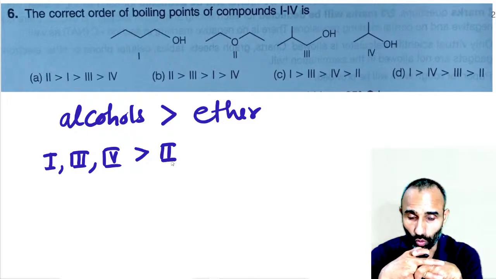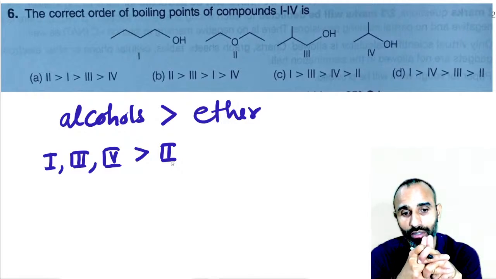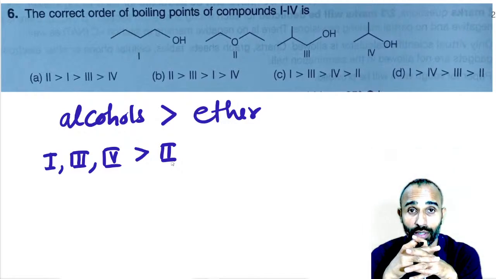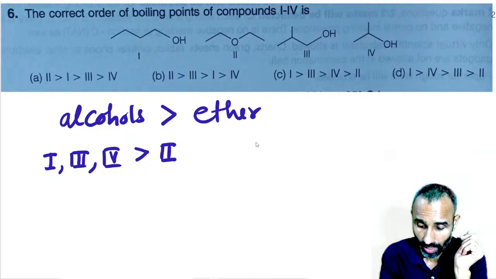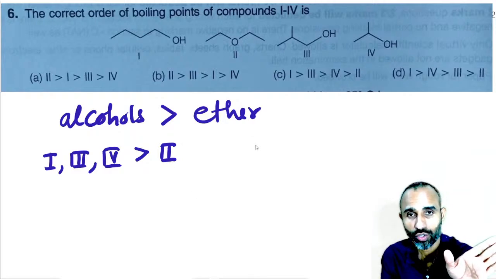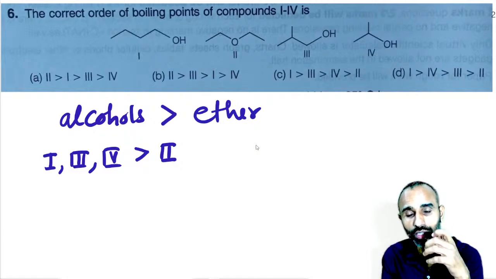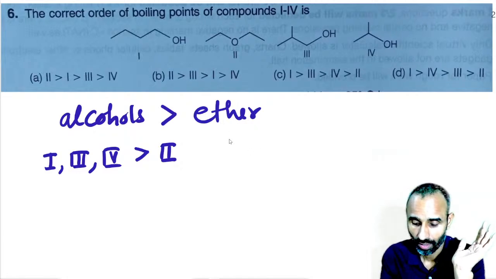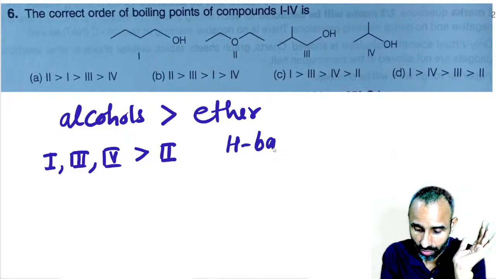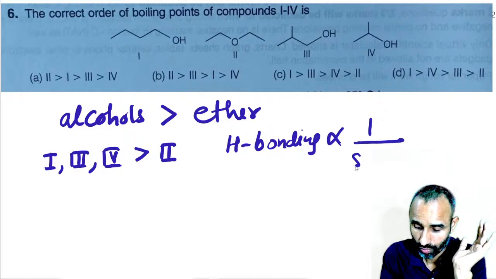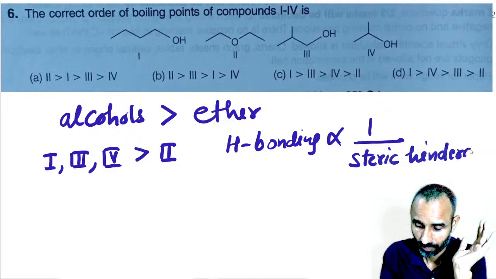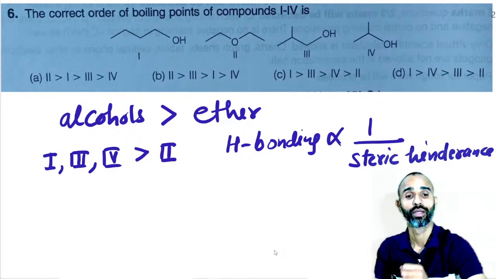Okay, now compare first, third and fourth. So now hydrogen bonding part is over, because first, third and fourth all have hydrogen bonding. So keep in mind, hydrogen bonding is inversely proportional to steric hindrance or branch.